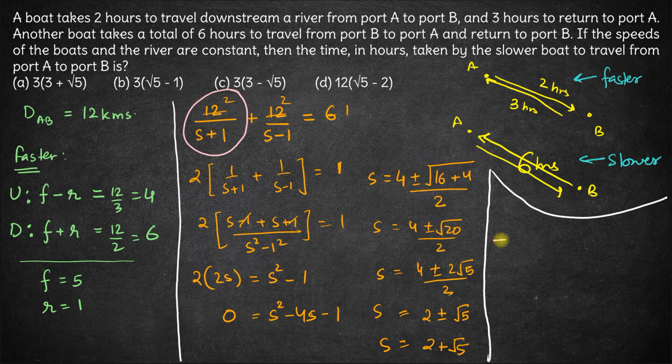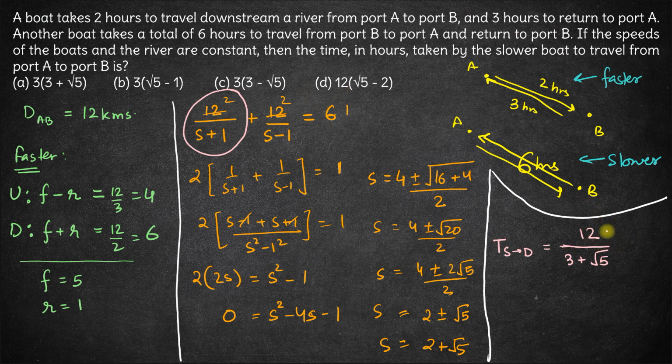So time taken by the slower boat to go downstream will be the distance between the 2 points, 12, upon speed while going downstream. Speed while going downstream will be s plus 1. S plus 1 is effectively 3 plus root 5. This is the time taken to go downstream.